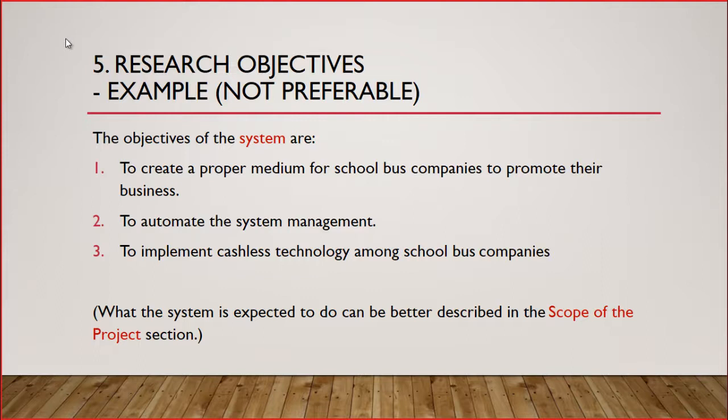But remember, when we have the research objective or project objective, it is the objective of the project, not the objective of the outcome of the project. In this case, the objectives of the system are the outcome. What does the outcome do? It does this. But in a research proposal, it's not about the outcome. It is about the project itself. So this one is not preferable.